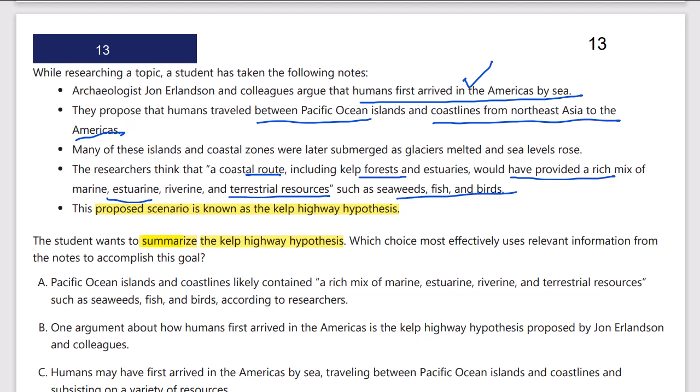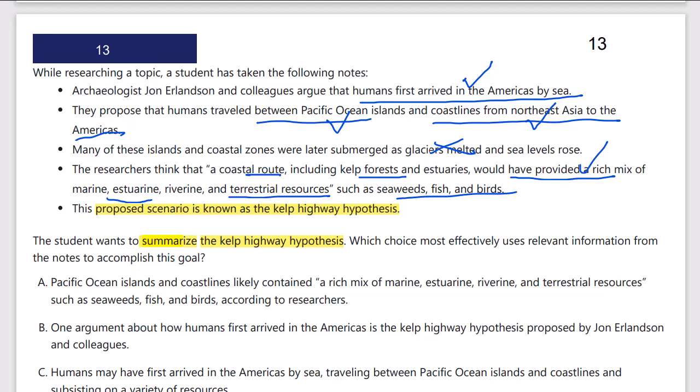And the way it happened was they proposed that they went from the Pacific Ocean islands and Asia to eventually the Americas, and they crossed this coastal route that provided a rich mix of food and animals and everything for the people to survive. Eventually those glaciers melted, and it sounds like that highway went away, but I'm not sure that's really important for the highway hypothesis per se.